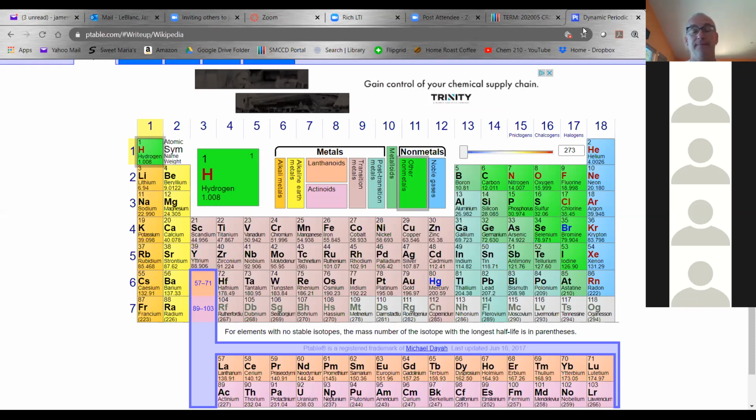The other way to tell the difference between the atomic mass and the atomic number is that the atomic mass is generally a number plus a decimal and some other numbers, because it's an average. The atomic number is never an average. It's a very precise number, a whole integer.